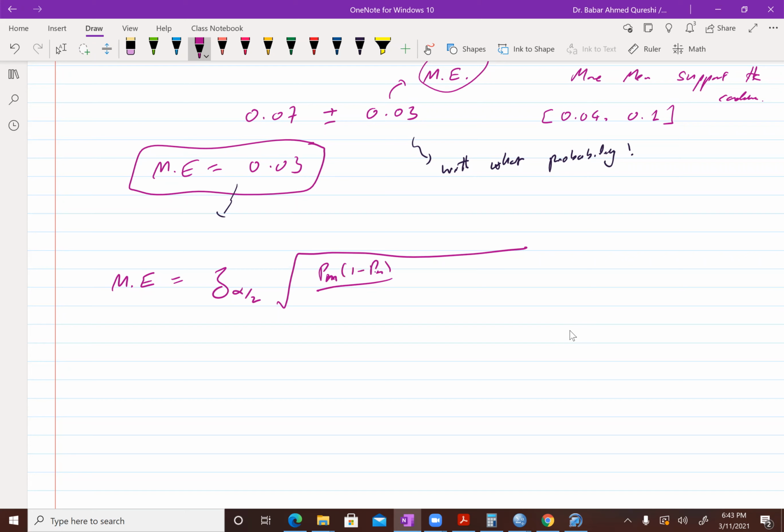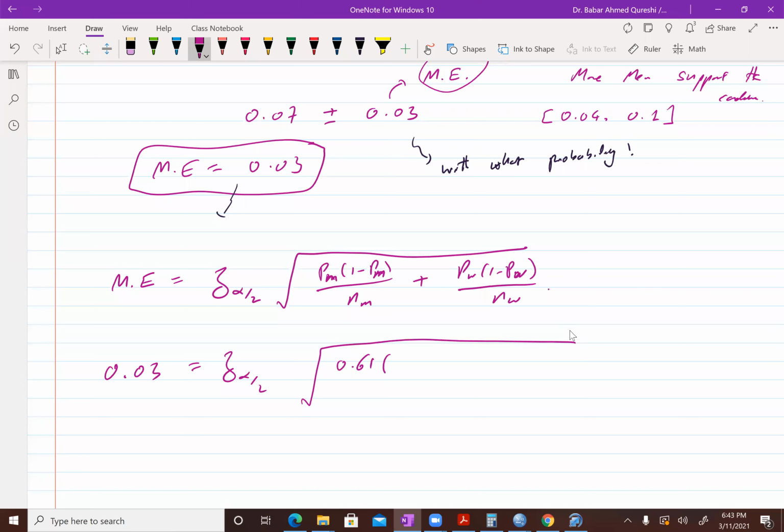So men and women. And the margin of error which was assumed was 0.03. And you just have to put in these sample numbers. Sample size was same.